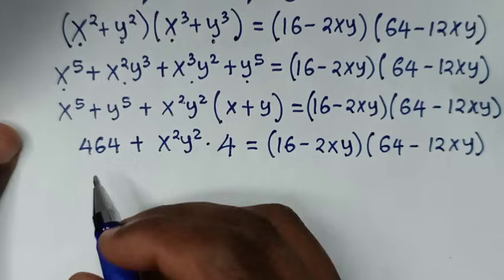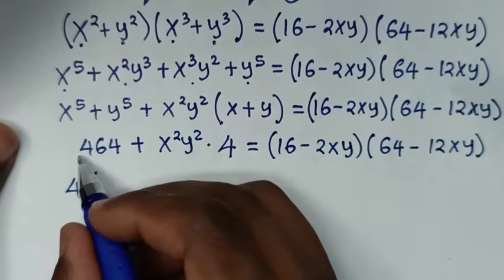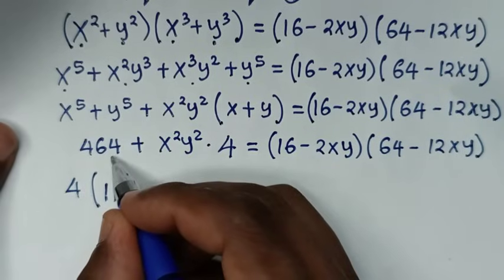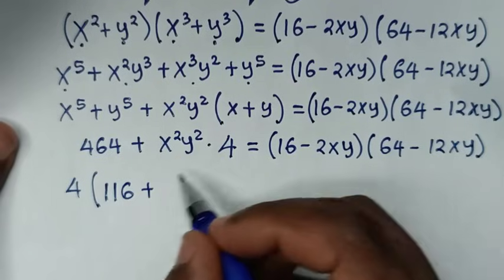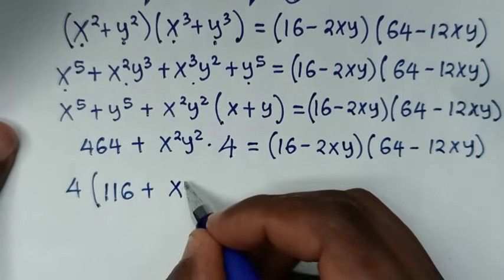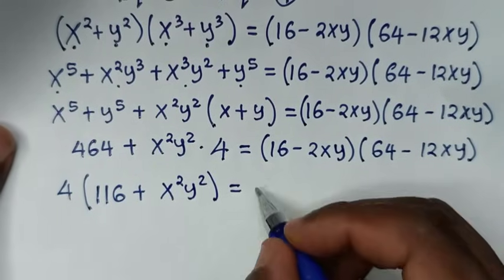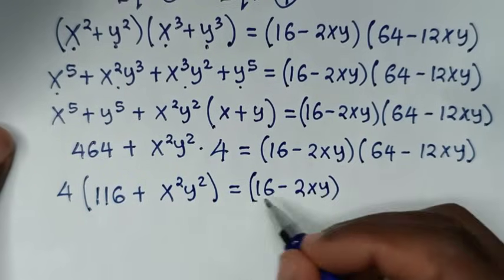Then in the next step, from here 4 is common, so we'll take 4 out of the bracket. 24 divided by 4 is 6, plus this divided by this is x^2y^2, equal to (16 - 2xy).